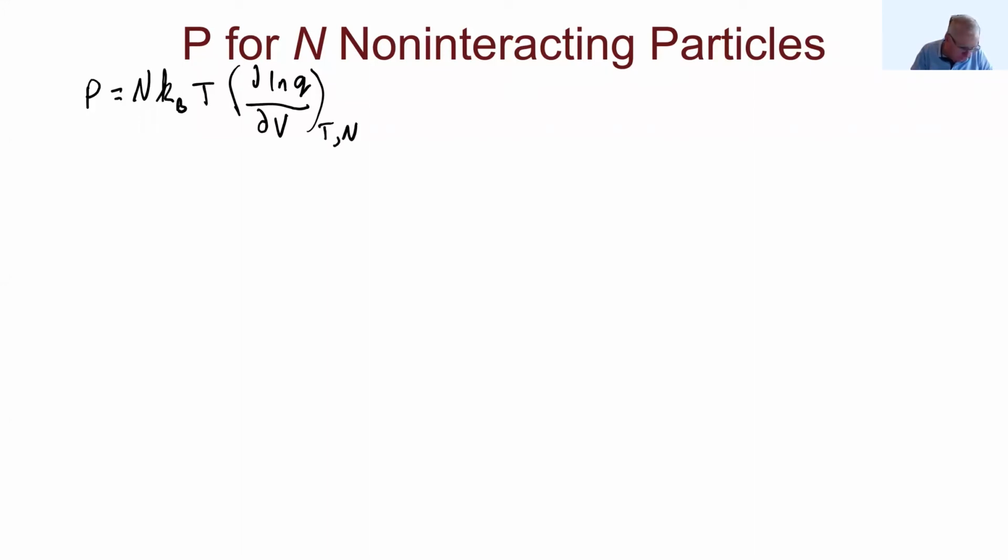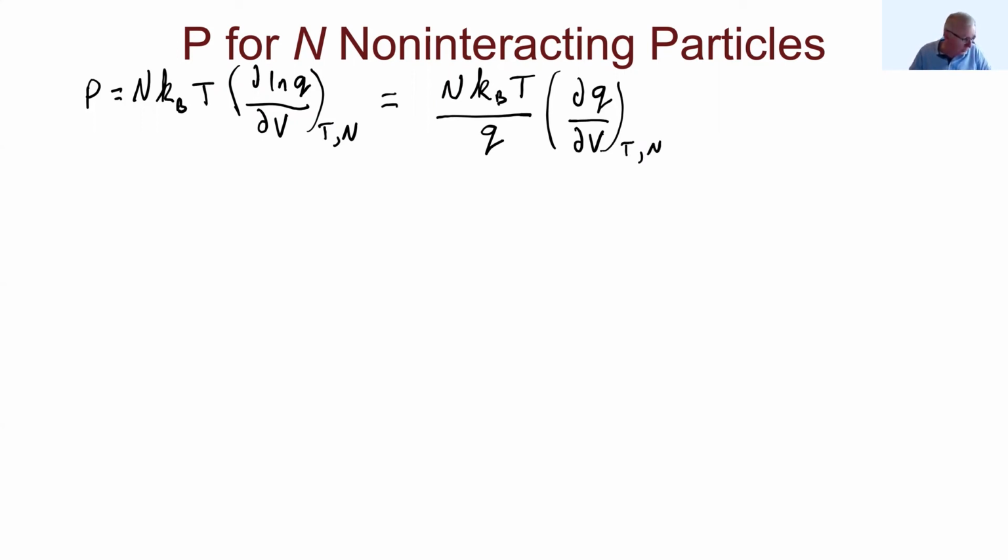And if I want to take that, I could rewrite that expression and write it as NkT over Q, and then my derivative becomes just the derivative of Q with respect to volume. That's still at temperature and N over here for what that's worth.